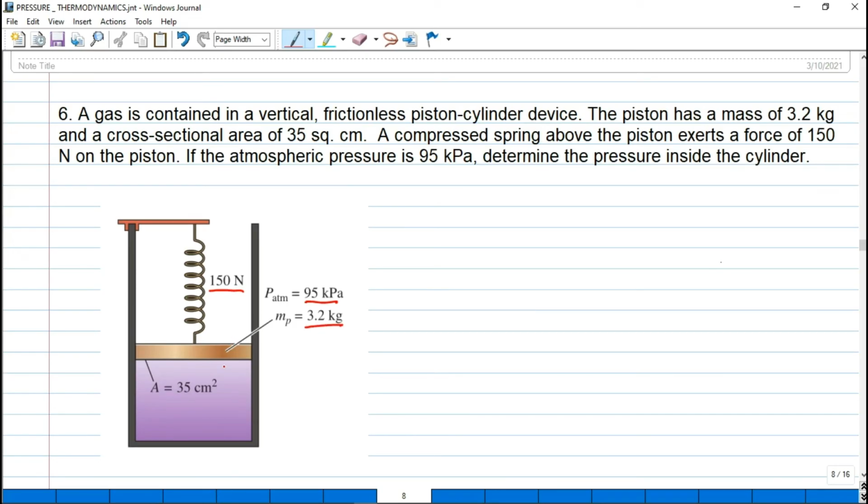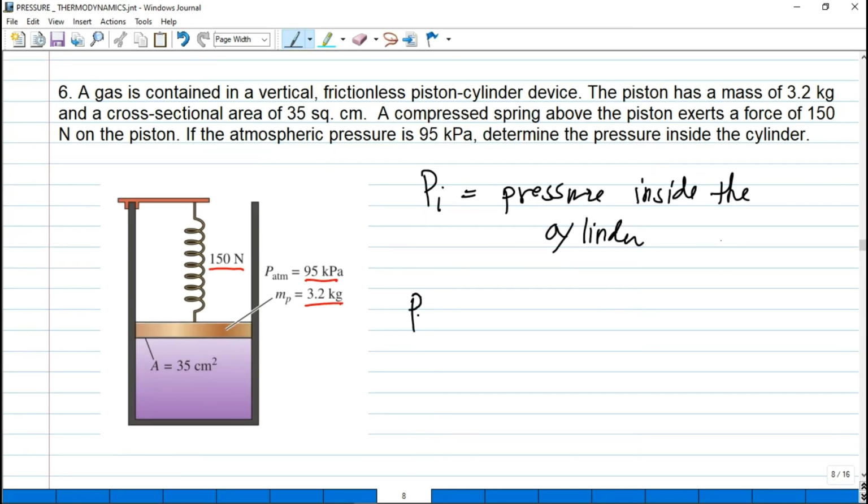So meron tayong tatlong pressure that is exerted inside the cylinder. So let's say P sub I is the pressure inside the cylinder. Okay, so pressure inside the cylinder is the sum of the pressure exerted by the 150 newtons.